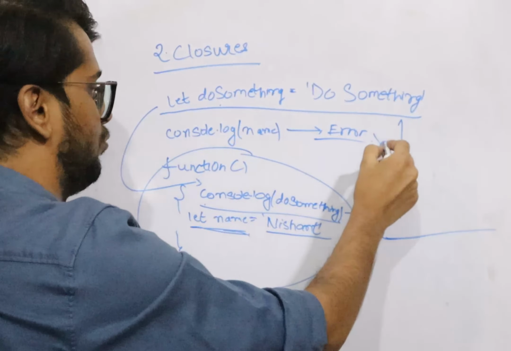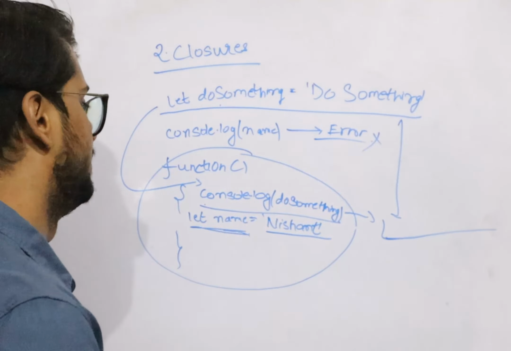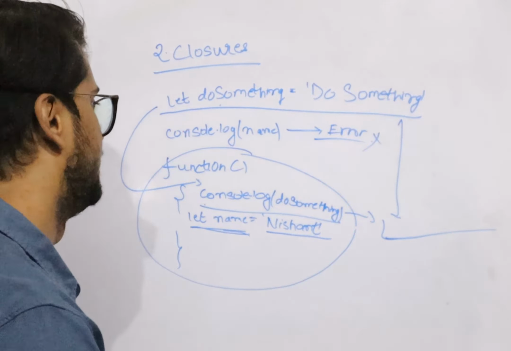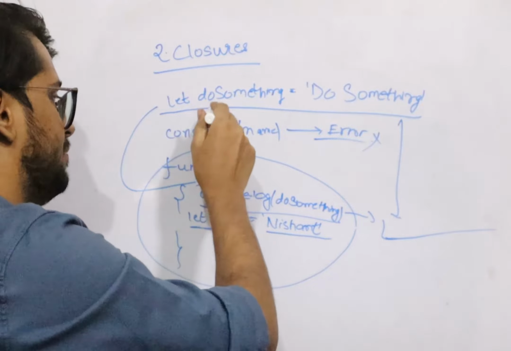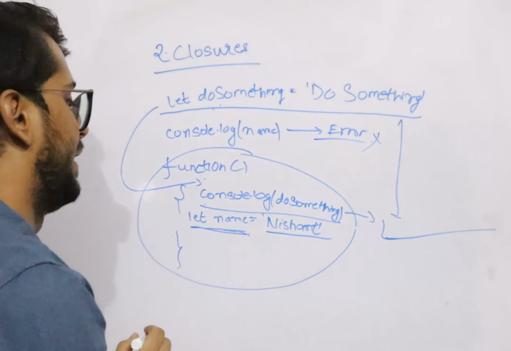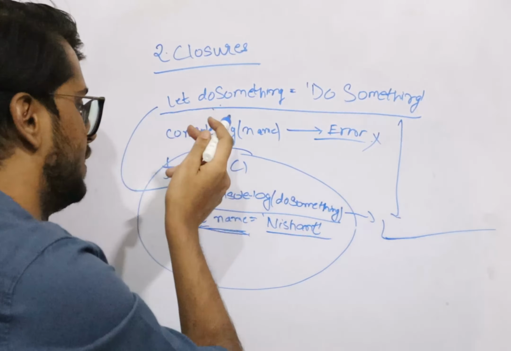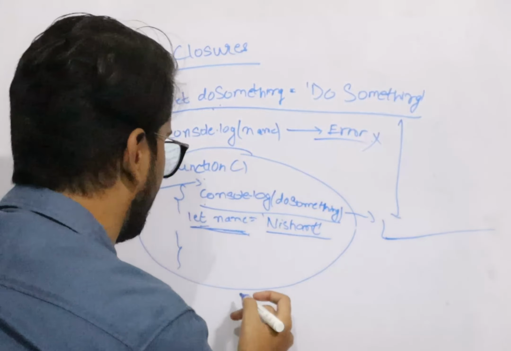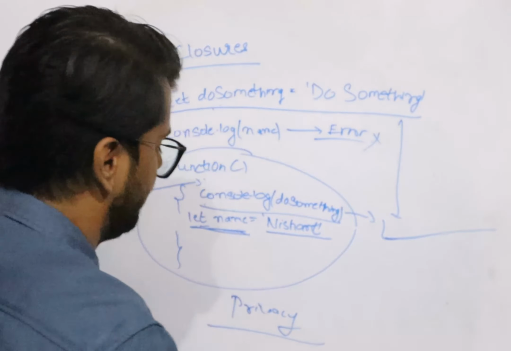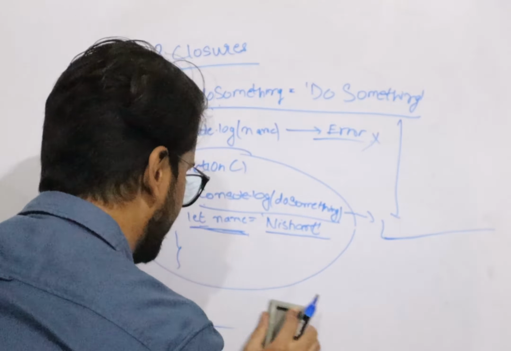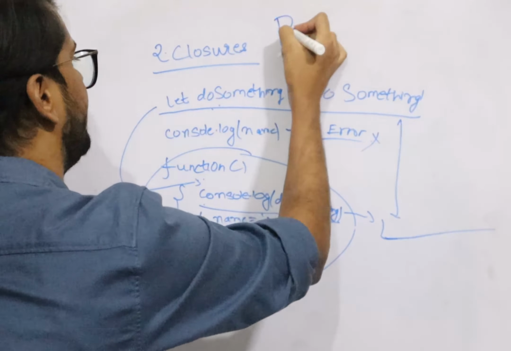But this will not work. This will throw an error because of closures. What this means is we can use a variable which is in the global scope, or outside the function scope, in a function, but we cannot do the same with a variable which is in a function, like this name, outside the function. This is to maintain the privacy. Let me write it here. Privacy of variables. Okay. Let me write it in bold, or in attractive handwriting.